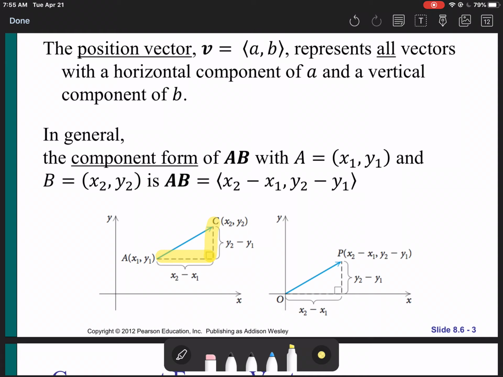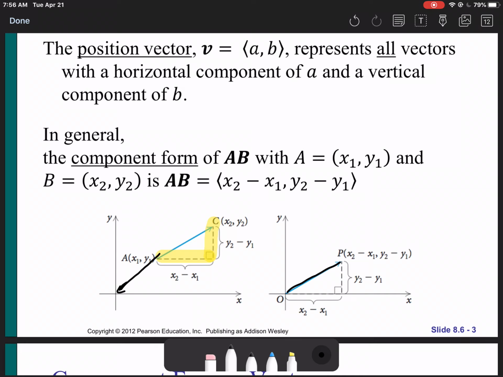If I take vector AB and slide it down to where the initial point is at the origin, I get vector OP, which is equivalent to vector AB. It has the same horizontal and vertical components. So we say this vector OP represents all vectors that have the same horizontal and vertical components, of which vector AB would be one.